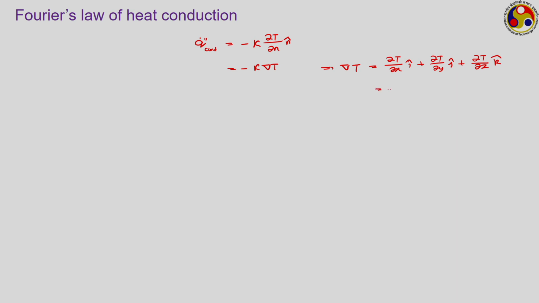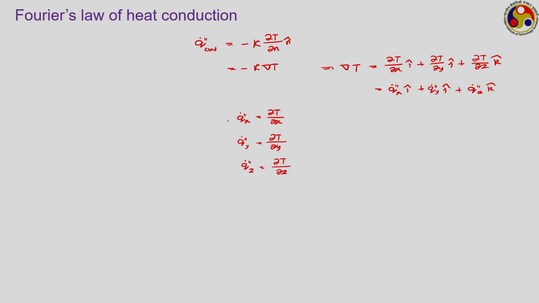Quite often we write this as q dot, the x component of heat flux plus the y component of heat flux plus the z component of heat flux, where the x component corresponds to just the concerned temperature gradient, that is q dot x double prime will be just dou T dou x, q dot y double prime will be dou T dou y, and q dot z double prime will be equal to dou T dou z.